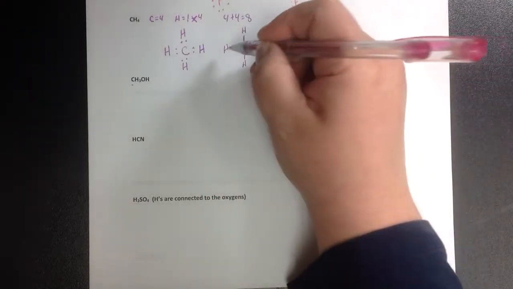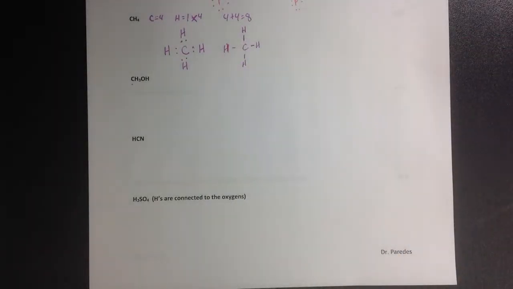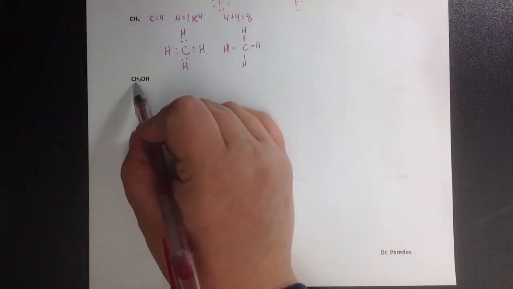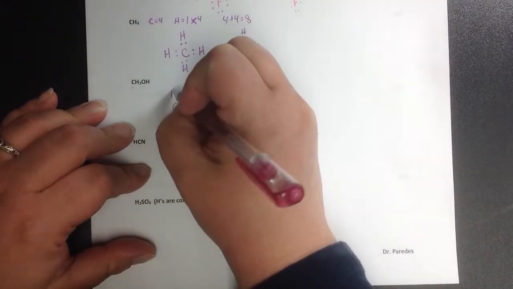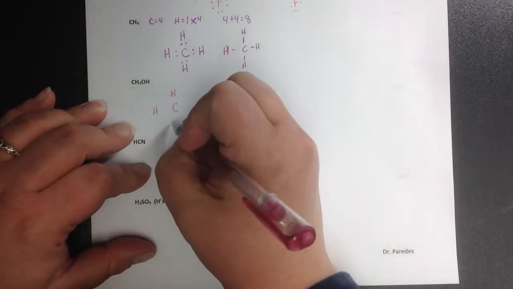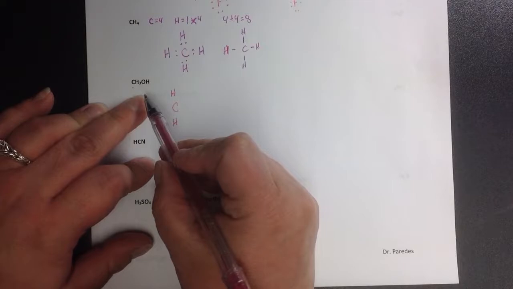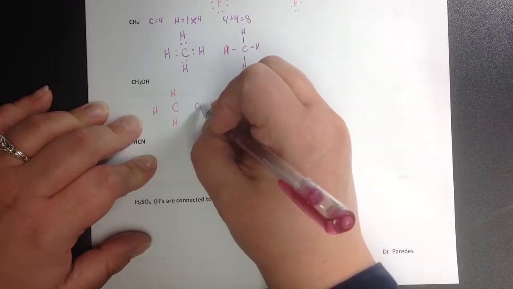Because 2 electrons is 1 bond. So if it can only have 1 bond, it can only connect to one thing, which tells you that it's on the outside. So really my CH3 is telling me I've got C and these guys are on the outside. There's 3 hydrogens. I then have an oxygen that's connected to another hydrogen. So that's saying OH, like that.